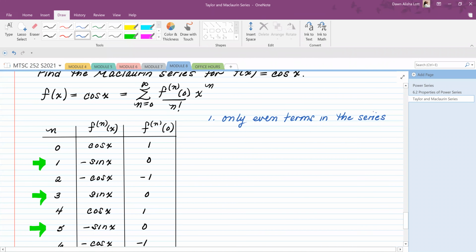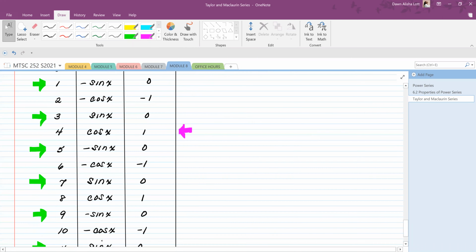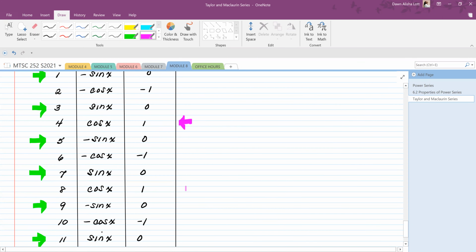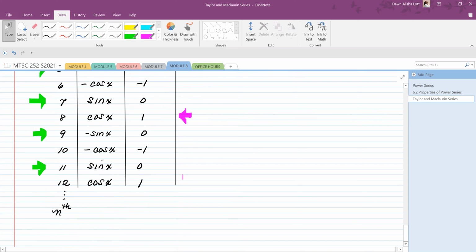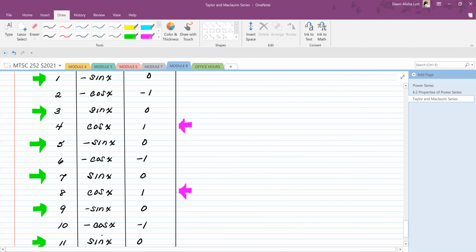But there's another thing I notice, that even with the even numbers, it alternates back and forth between 1 and -1. So this one is 1, and down here is 1, and down here is 1, and down here is 1. So is there anything special about those? Well, let's see.